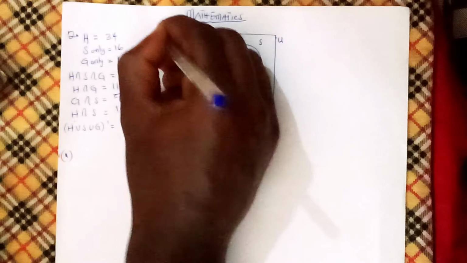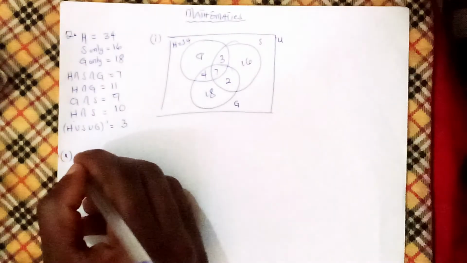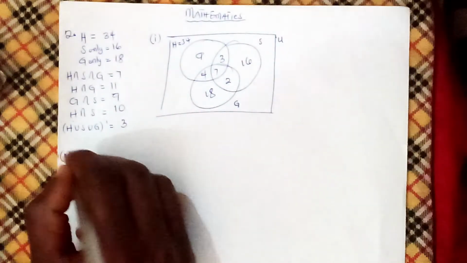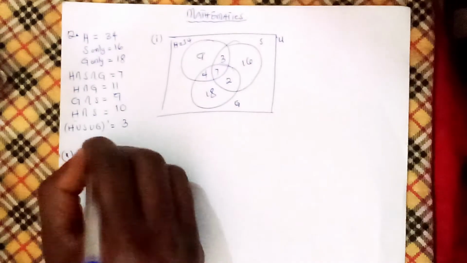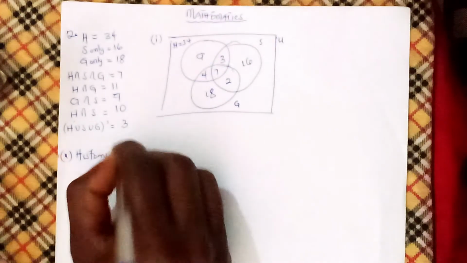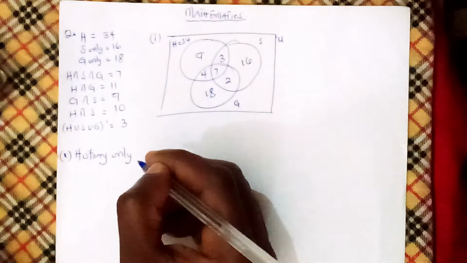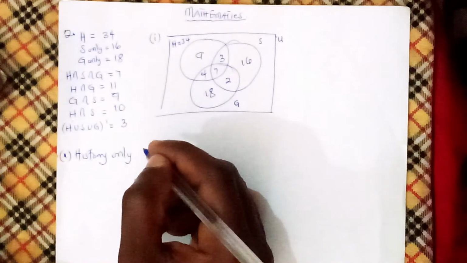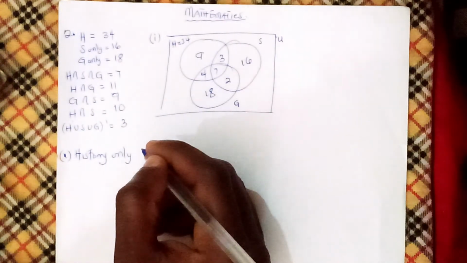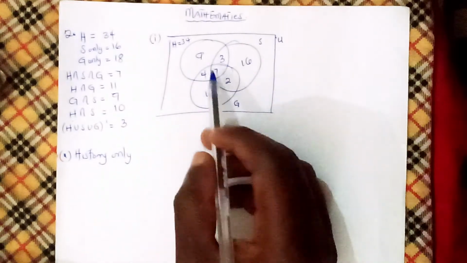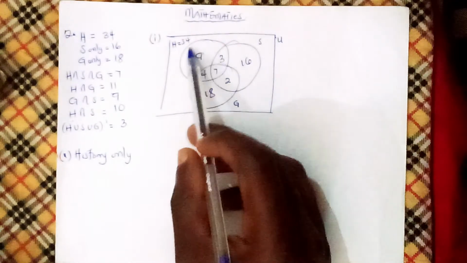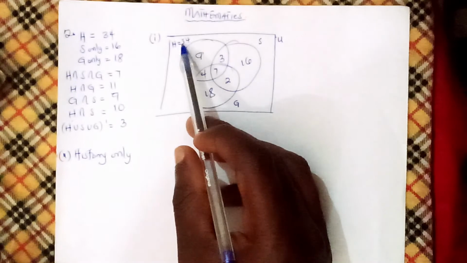We are asked to find for history only. Our history only was represented by A. So to find it, the only way is equating that of the circle to the total, that's 34.